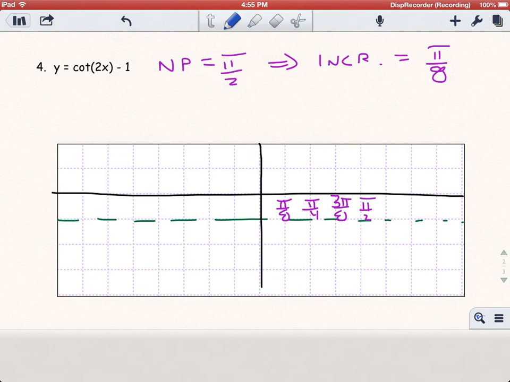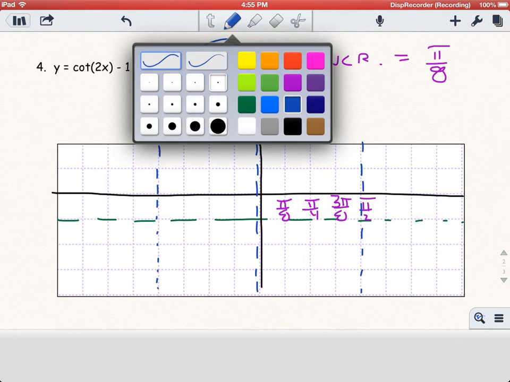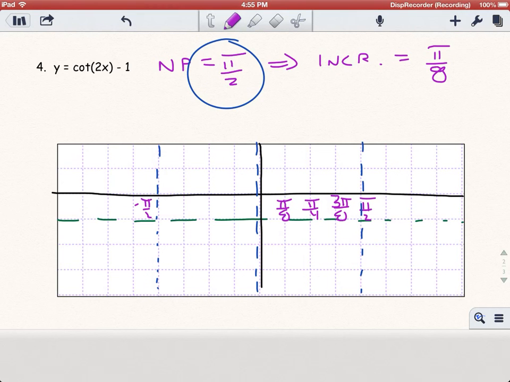The asymptotes must be pi over 2 apart. There's one at 0, and here's the other one. And this other one is at negative pi over 2.